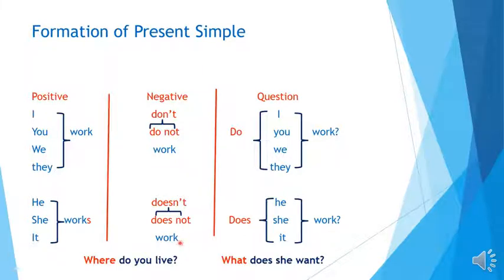Okay. Remember, in negative sentences, you have to drop this S. So he works, that is positive. In negative, it becomes he doesn't work. Positive, we have she works. In negative, we have she doesn't work. Hope you got it.